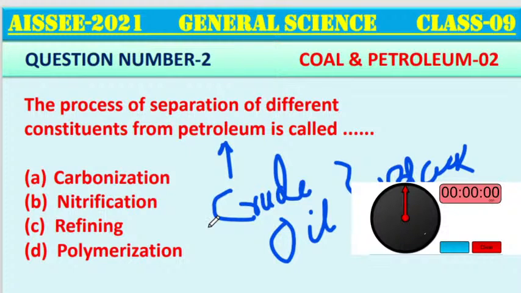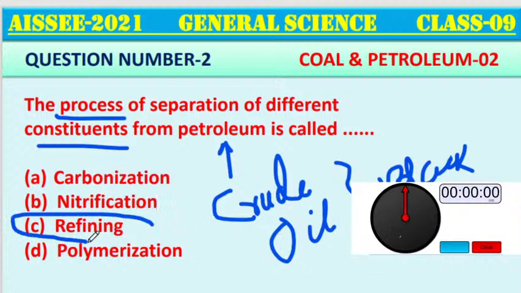Yes, time is finished now. So the time for the correct answer. The process by which we separate all the constituents from the crude oil, or you can say petroleum, is refining. Refining is the process by which we separate all the constituents of petroleum, like naphtha, petrol, diesel, kerosene, bitumen, glycerin.